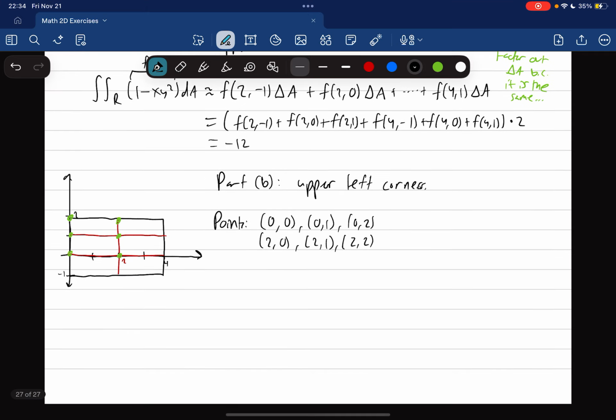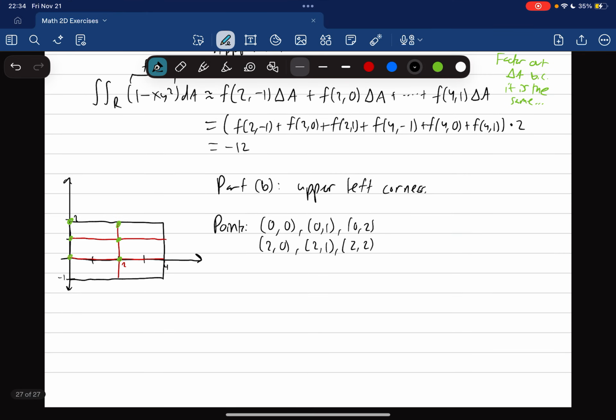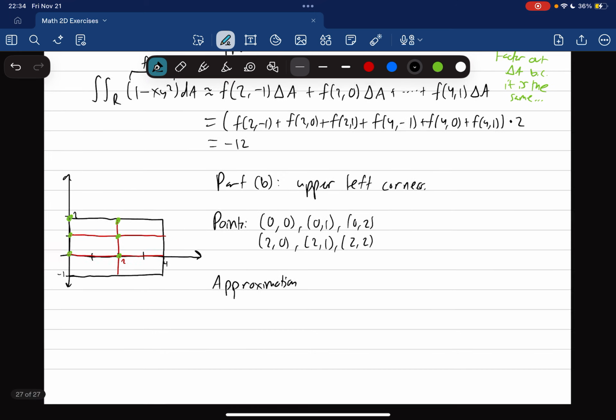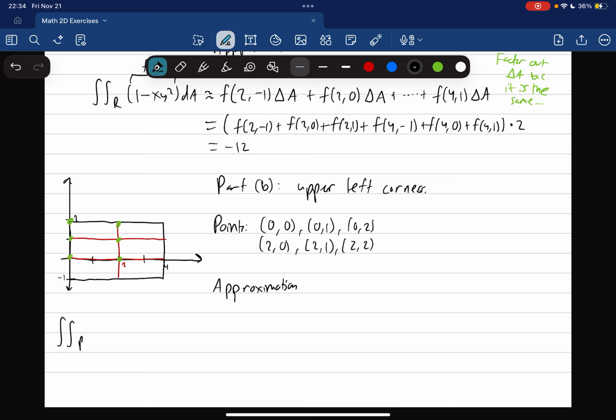And so then, our approximation: first, again, we set it up. It's going to be the double integral of 1 minus xy squared dA, where once again, this is my f of x, y. We just add up the function values at all of these points, and we multiply by delta A. Note here that delta A remains the same because the areas of the rectangles have not changed.